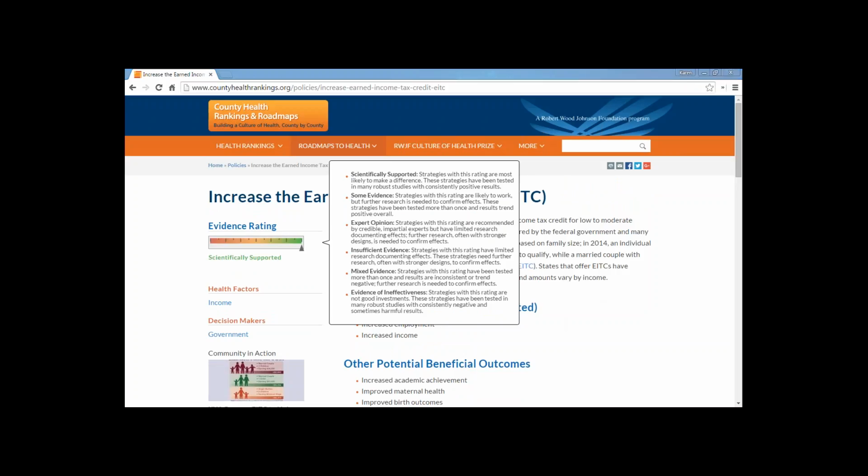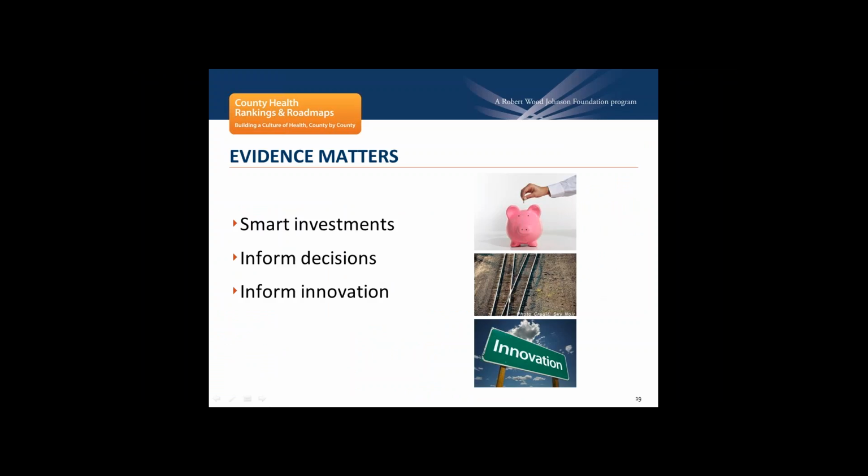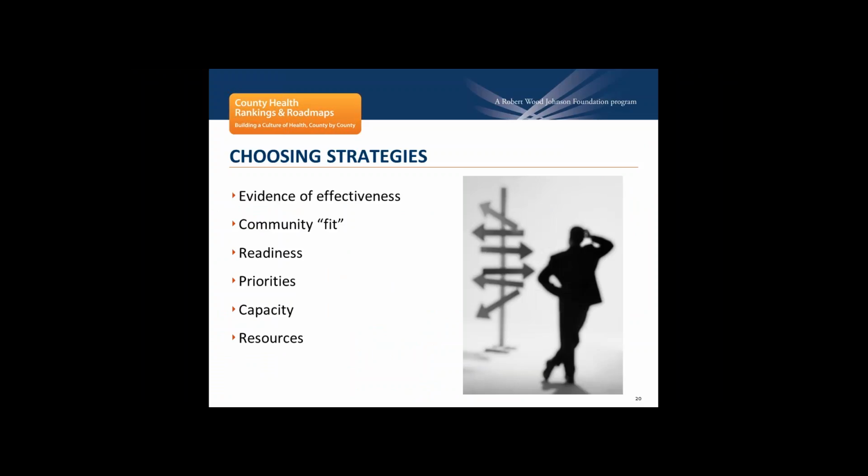Thanks, Karen. So before we move beyond What Works for Health, I have a couple more comments about choosing strategies. Remember that the evidence of effectiveness is just one of many factors to consider when you choose a strategy to solve a community health challenge.